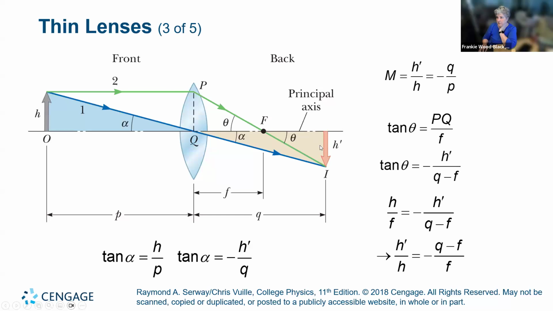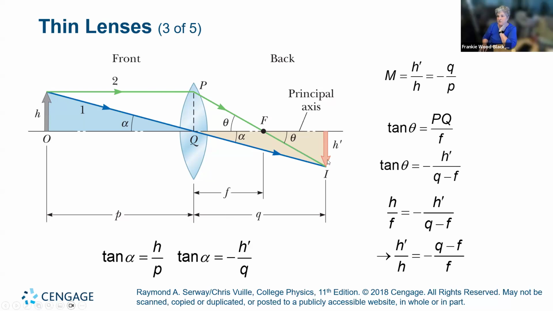If I put a piece of paper here, I would get my image. It would show up on my piece of paper, so it's going to be a real image. It's inverted, so my magnification should come out to be negative, to tell me it's inverted, because I'm going to use my sign convention just like I used my sign convention for my mirrors.